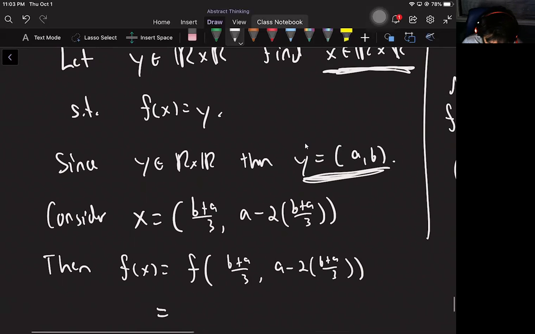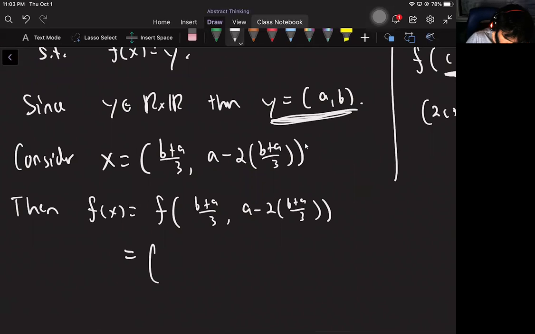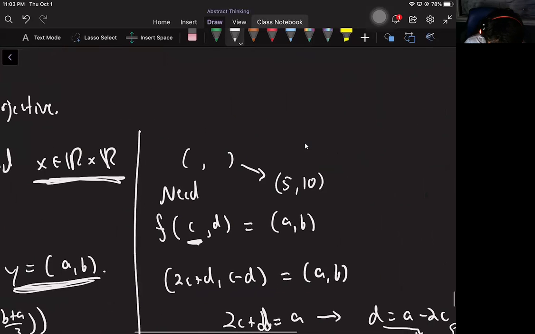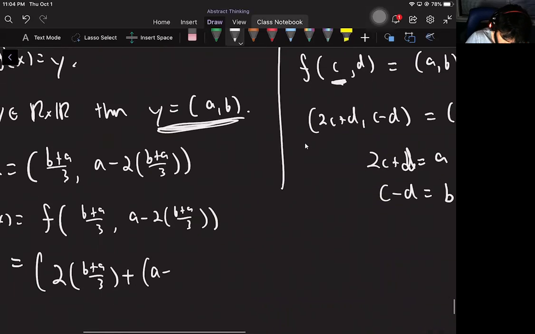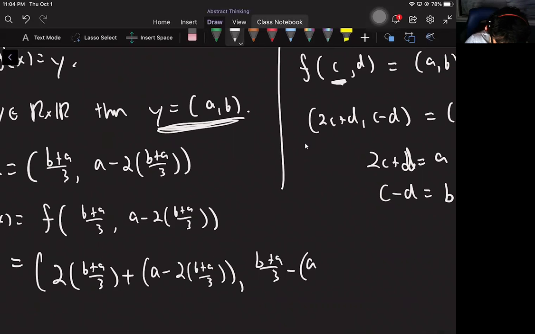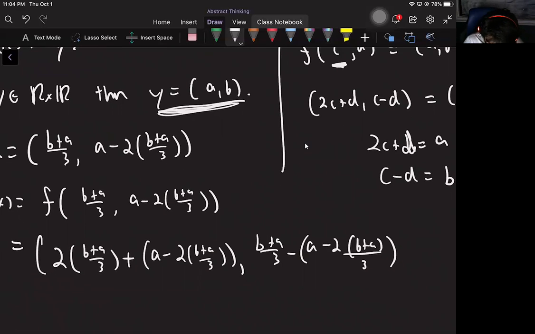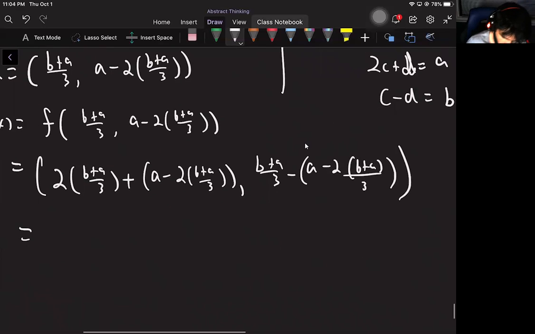Okay, so I plug it in using the definition of the function. The definition of the function is to do 2 times the first coordinate, minus, was it minus? Where did I write it down? No, plus the second coordinate, comma, the first coordinate minus the second. Looks all very complicated, and we should just get a comma b after all this work.